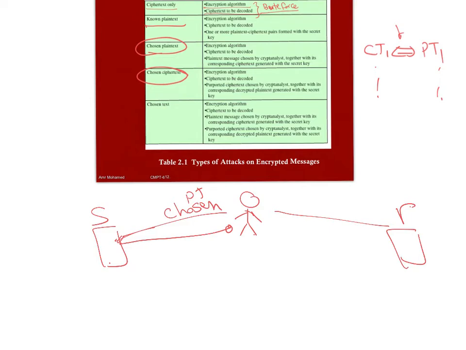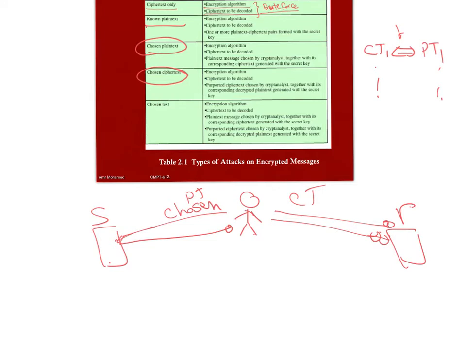So in that case, he can control the input text. Not only know what the input text is, he can control. So in that case, he can choose the plain text in such a way that he allows him to get more information about the key. Okay. Of course, he can do the same thing with the decryption. So he can send a ciphertext to the receiver to ask the receiver to decrypt, assuming that he has access to the decrypted text.